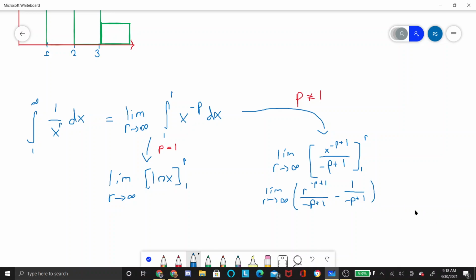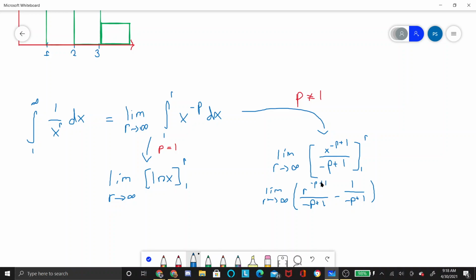So we have this entire limit. We actually don't have to solve everything out or do some rules and tests for everything. All we have to do is figure out for r is negative p plus 1, because 1 over negative p plus 1, that's just a number. Negative p plus 1, that's just a number again. What we care about is this infinity.